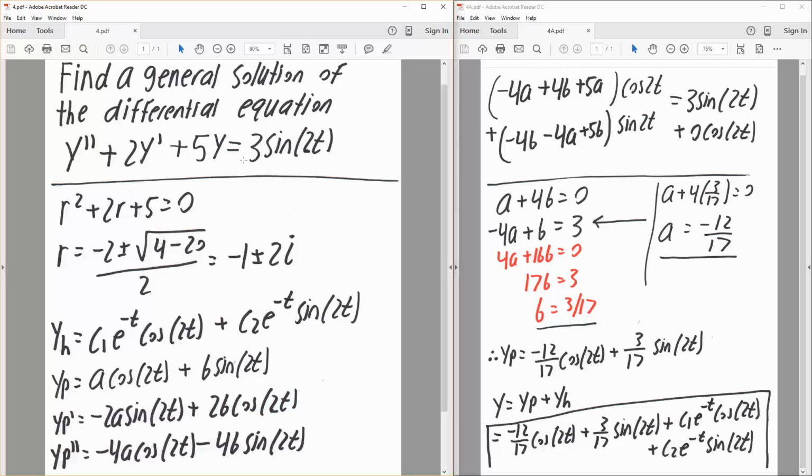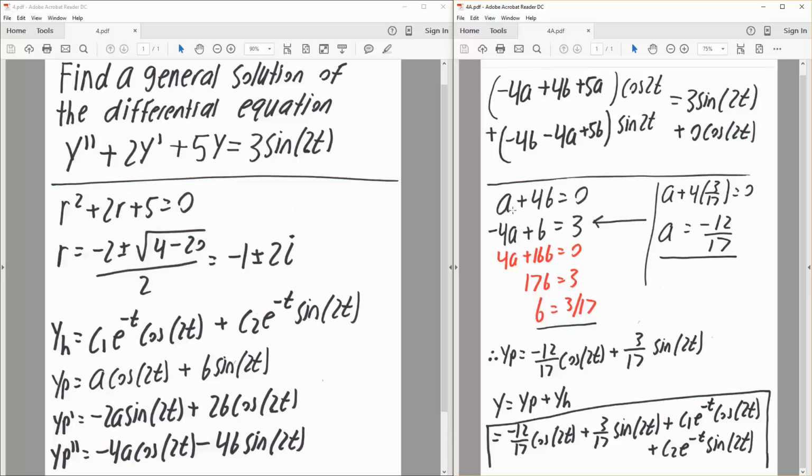And lastly, we do 5y. We said that y is going to be a cosine 2t plus b sine 2t, so it's going to be 5a and 5b. Now we have two equations. For the cosine 2t terms, we have negative 4a plus 5a, so that's a, plus 4b, equal to 0 cosine 2t.